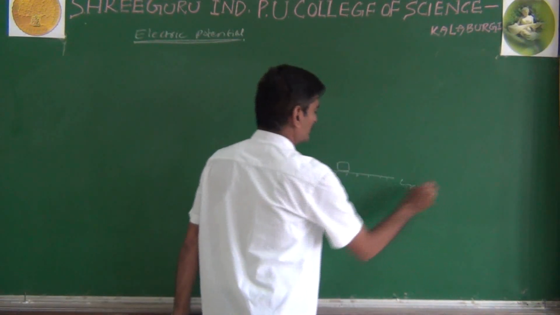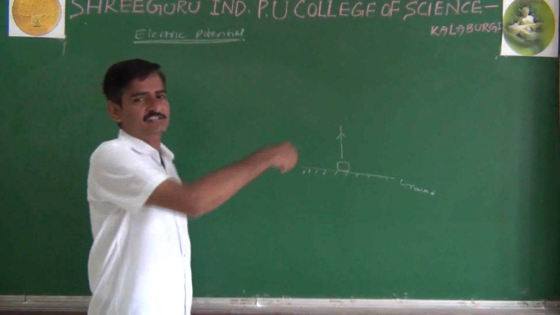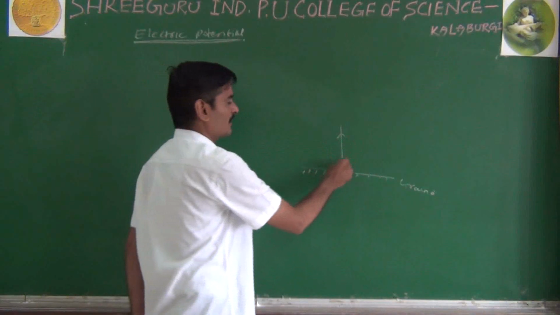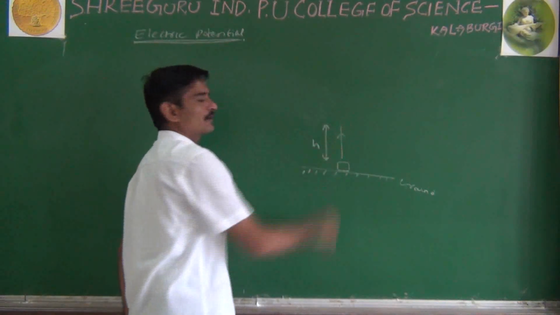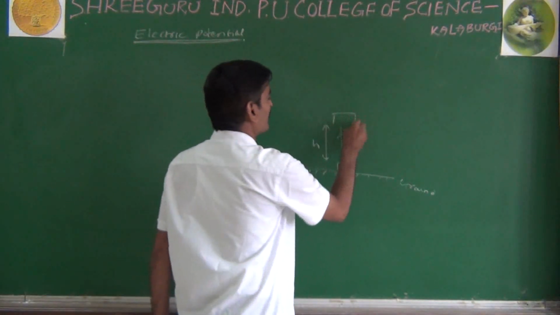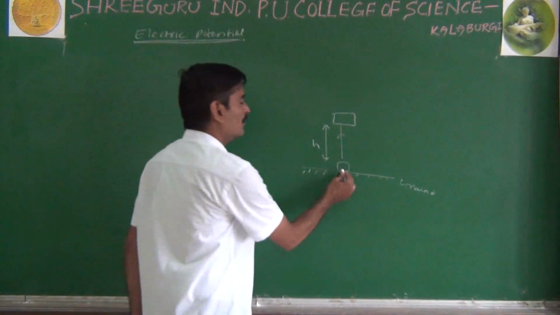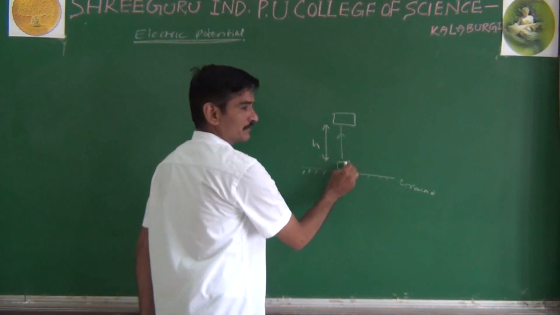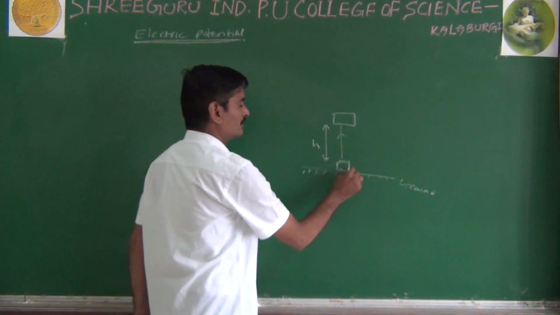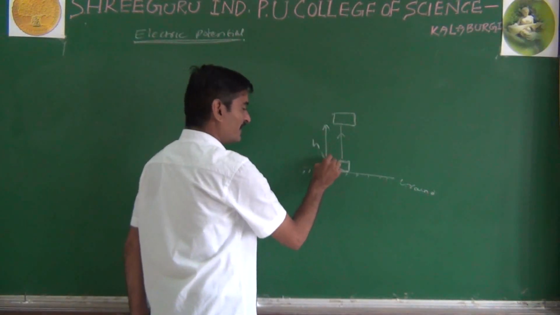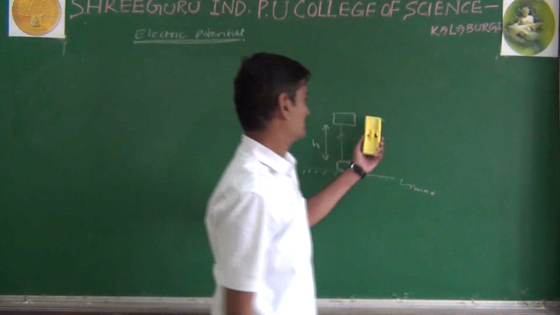When an object is on the ground and is lifted up by doing external work, we can lift it to a certain height h. Then a potential energy is stored in this object. That potential energy is nothing but the work done in lifting the object from the ground to this height, stored as gravitational potential energy.